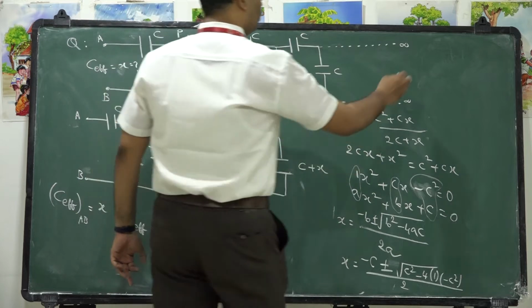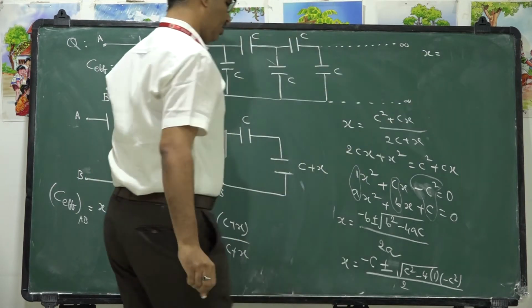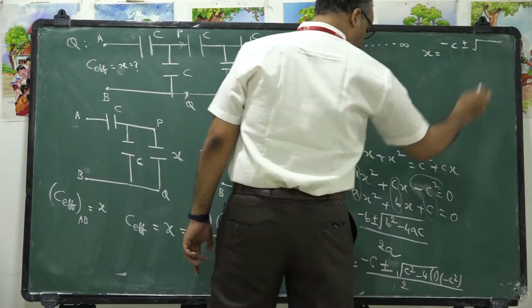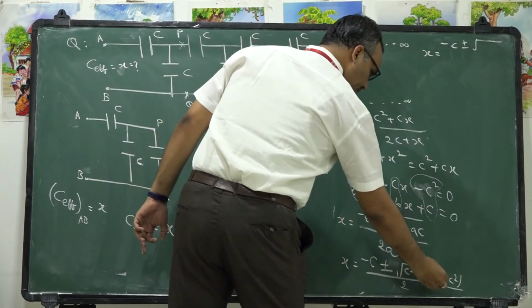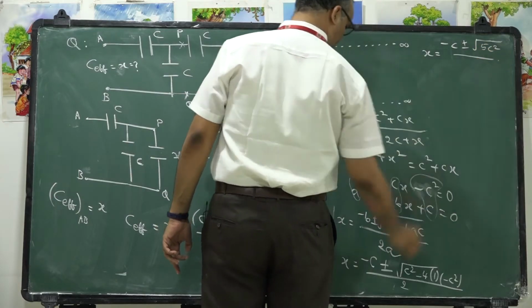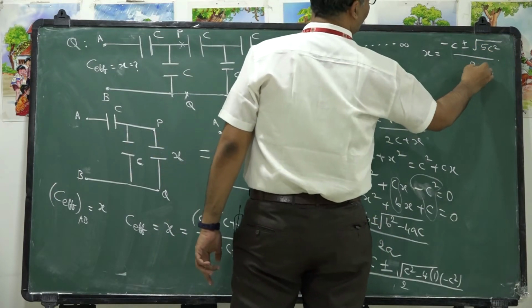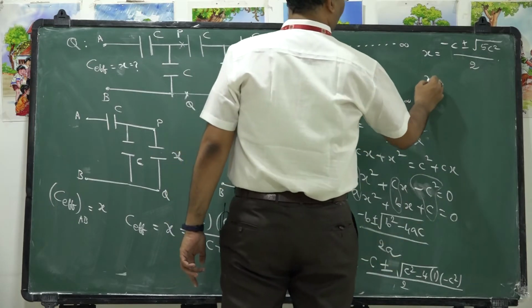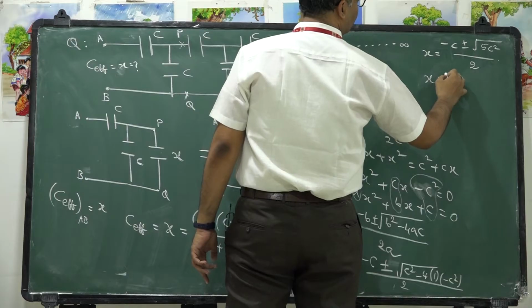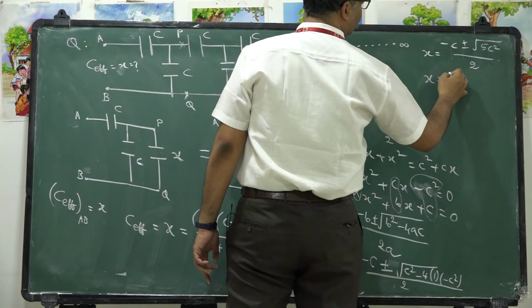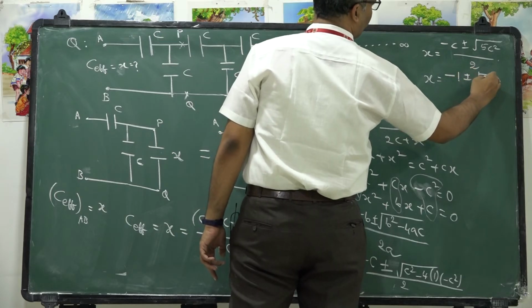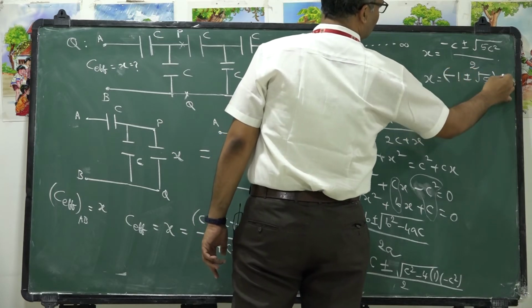Then you will get X is equal to minus C plus or minus root of, this is plus 4C square plus C square, 5C square by 2. X is equal to, you can take C as common, so you are left with 1 plus or minus square root of 5 into C by 2.